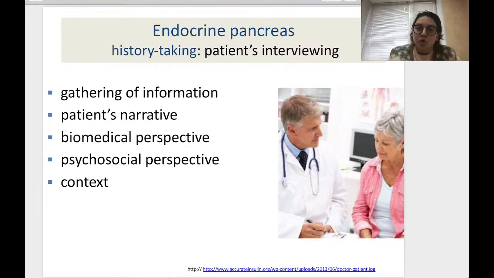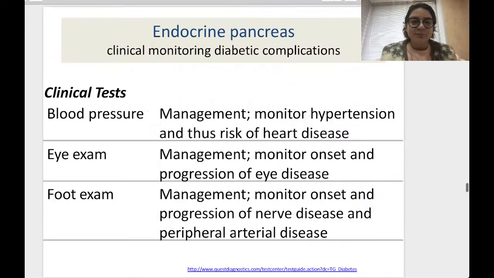It is what I told you in the general lecture, Propaedeutics. First of all you have to understand some main moments: the psychological state of this patient, biomedical perspective, patient's narrative, and just after it, detail the medical state of this patient.